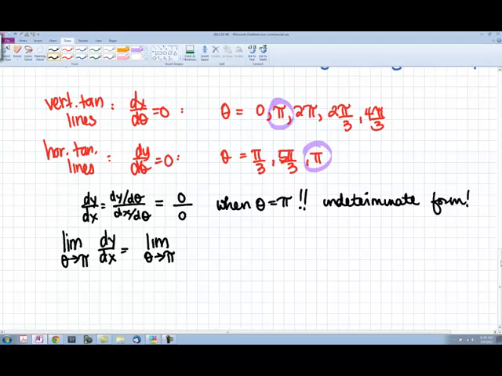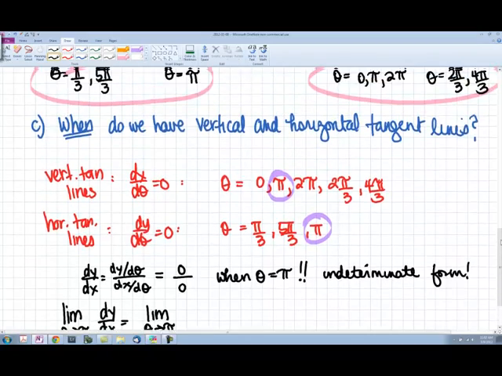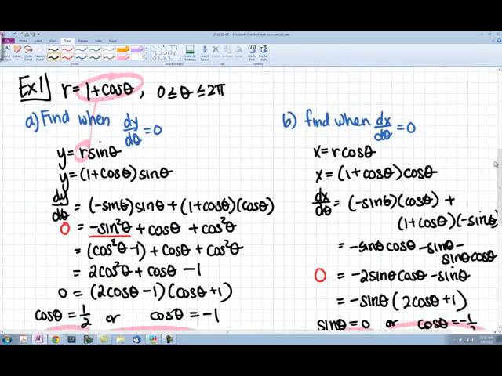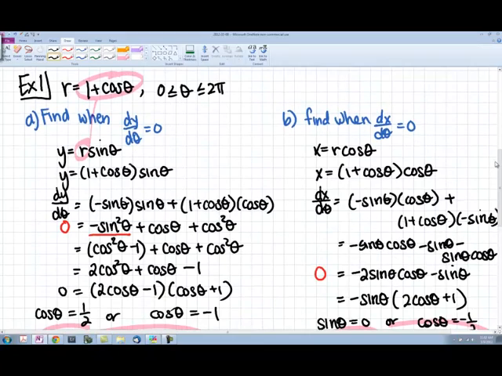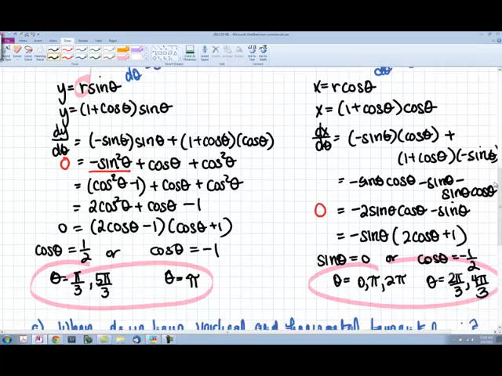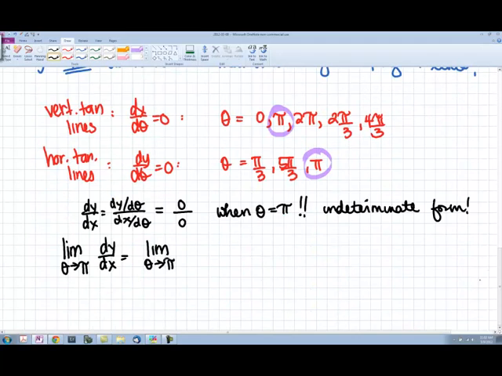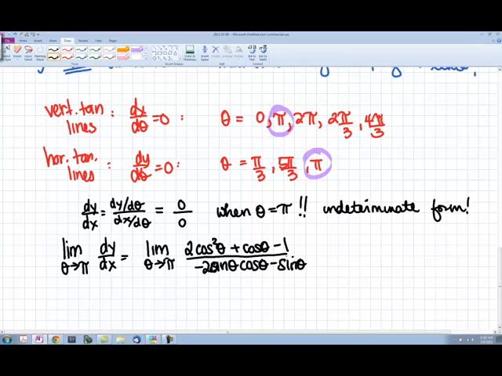So in this case, I need dy/dx, and up above we have our dy on the left side and our dx on the right side, and we need to just pull any one of those forms and evaluate it. Okay, so you can look above into your own notes. I'm going to go ahead and write in 2 cosine squared θ plus cosine θ minus 1, and divide that by negative 2 sine θ cosine θ minus sine θ. Now I'm actually going to choose to rewrite this as a sine 2θ.